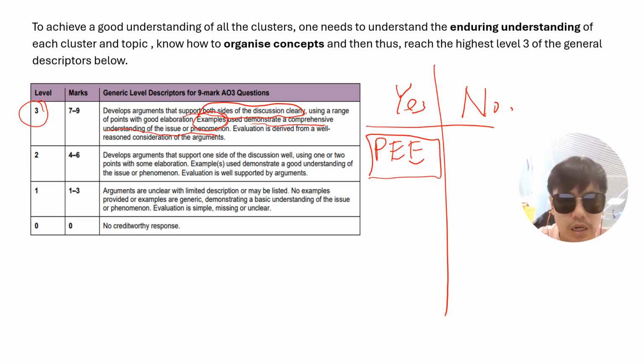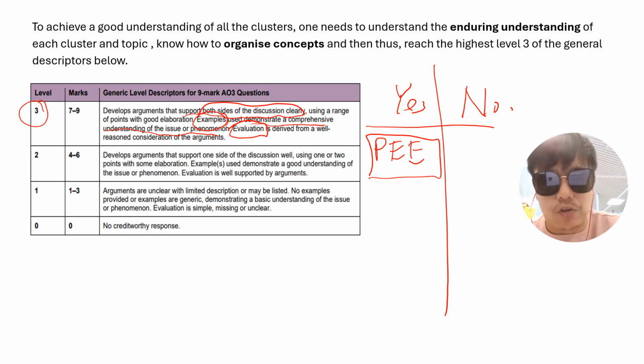Last but not least, which most of my students struggle with, is the evaluation that's derived from a well-reasoned consideration of the arguments. That is something that many students tend to really struggle with. Even students with a very good, strong sense of geography knowledge may not be able to do that.